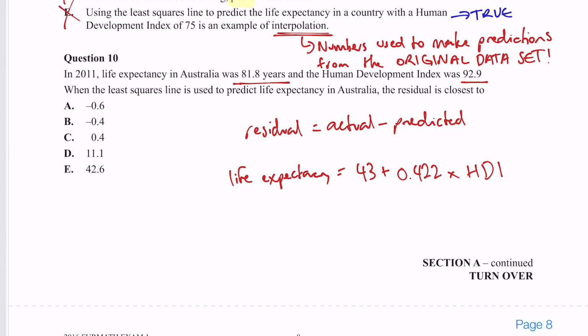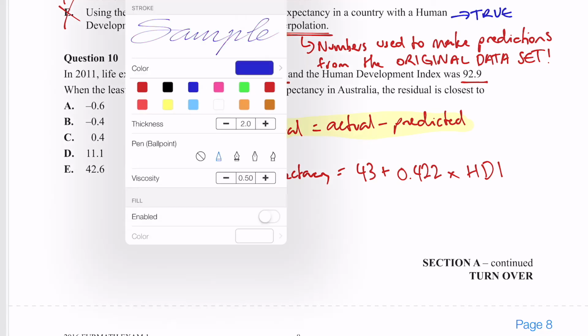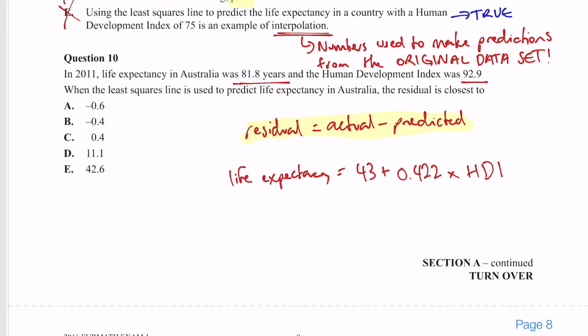Okay, so for this question, we have a really important equation that we also need in our notes here, and that is the residual is equal to actual minus predicted. Now it's told us in the question that life expectancy in Australia was 81.8 years, and the Human Development Index was 92.9.